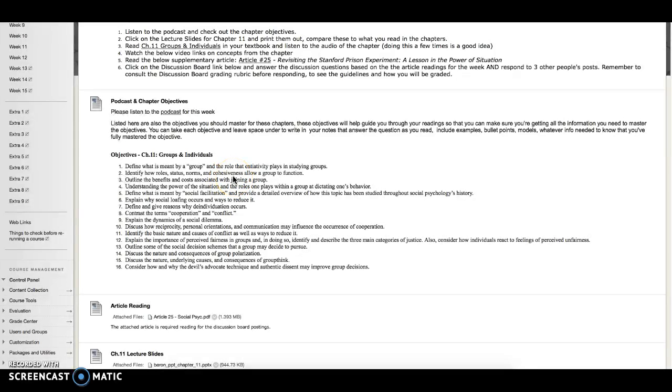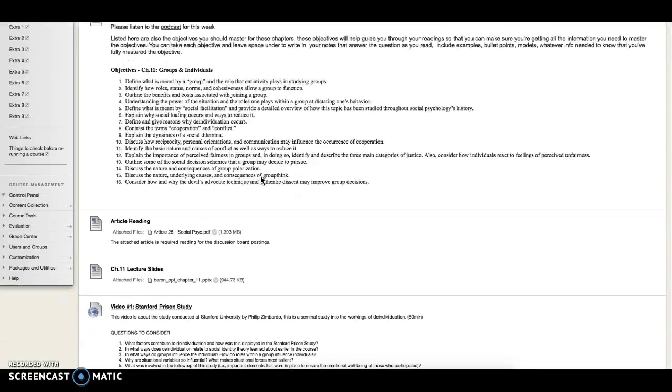I think it's really going to be helpful as you're reading through this chapter to go back and touch on any of those elements, maybe even just peek at the lecture slides from those topics, so that would help you to see the bigger picture of how all of those individual elements come into play when it is in a group setting. So with that being said, here are all the objectives.